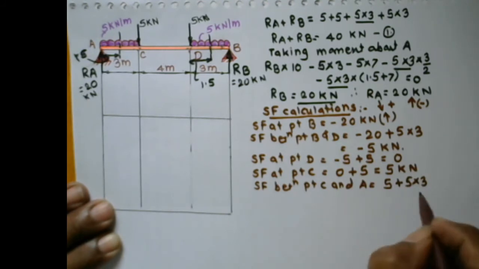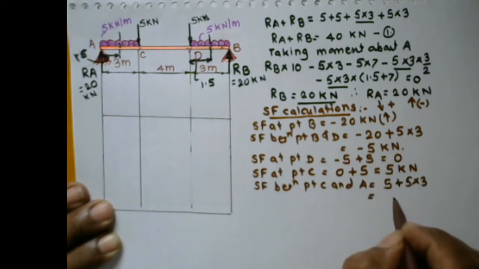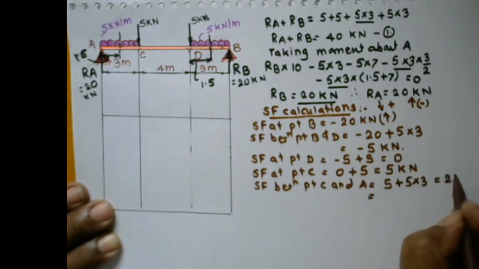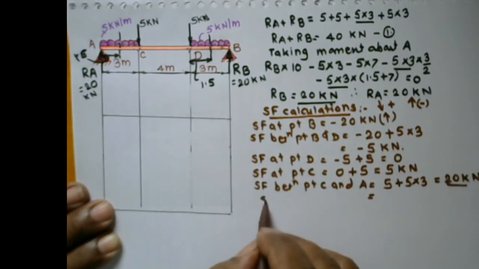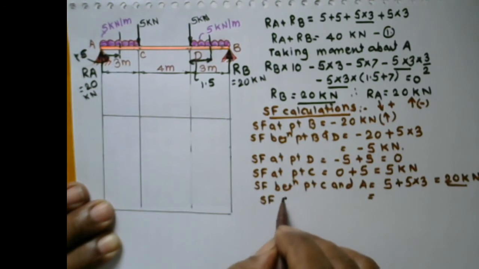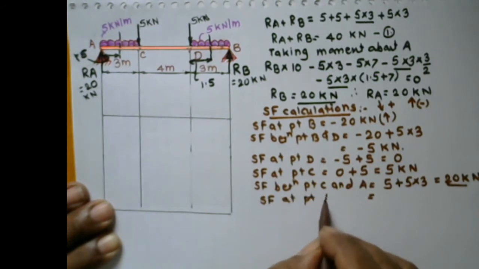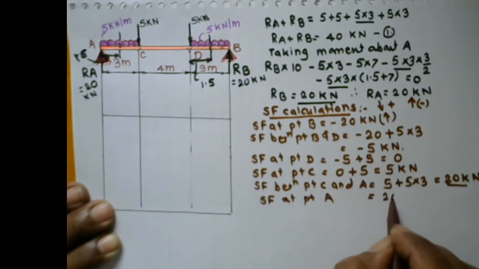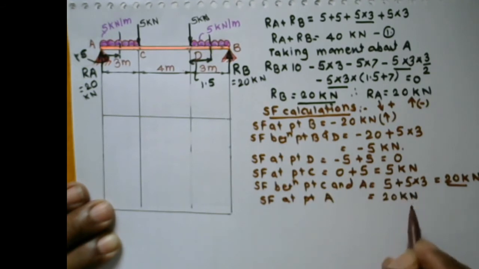So this becomes 20 kilonewton. Shear force between the point C and A is 20 kilonewton. So shear force at point A is also 20 kilonewton.